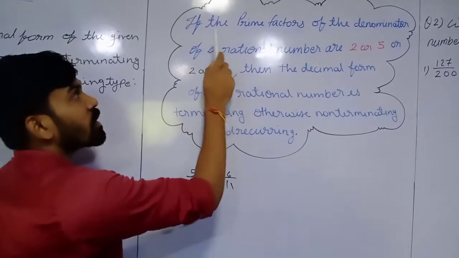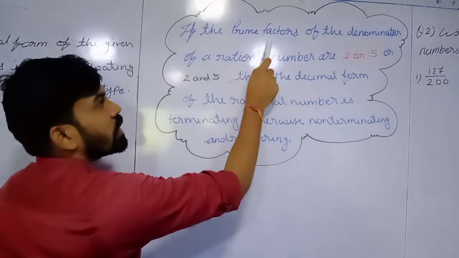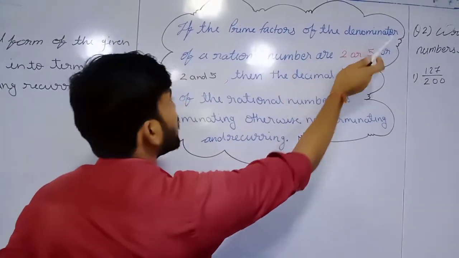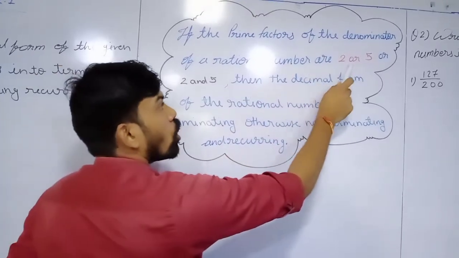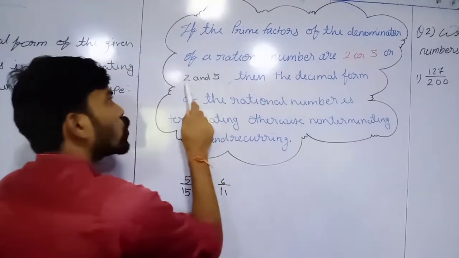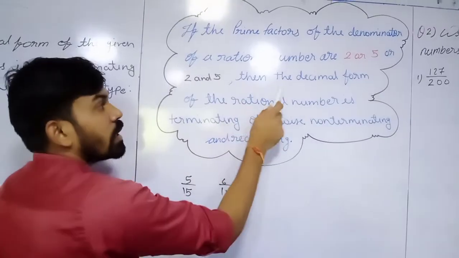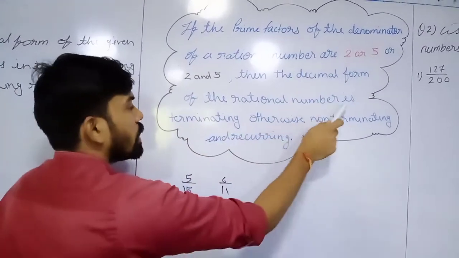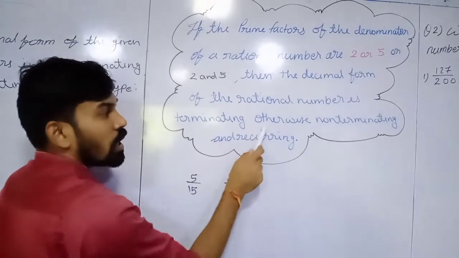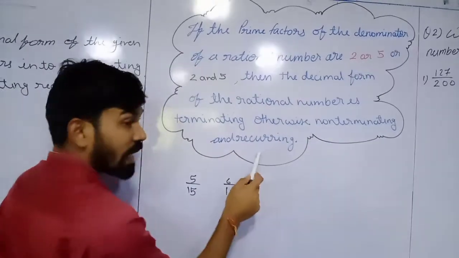Once again, if the prime factors of the denominator of a rational number are 2 or 5 or 2 and 5, then the decimal form of the rational number is terminating, otherwise non-terminating, recurring.